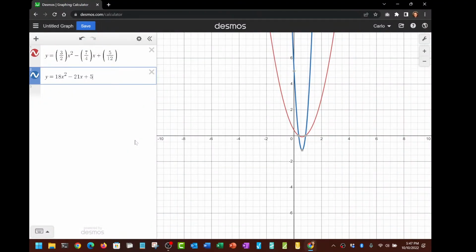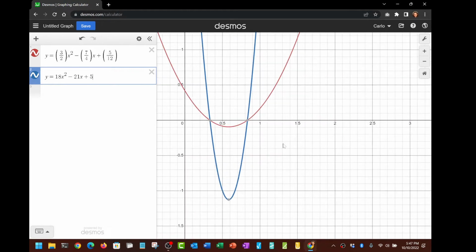Okay, so take a look at these two graphs. The first one is the graph that we came up with at the end, the red graph, and the one that I wrote is the blue graph. So do you see what I mean? We did change the graph, but we did not change the solutions.